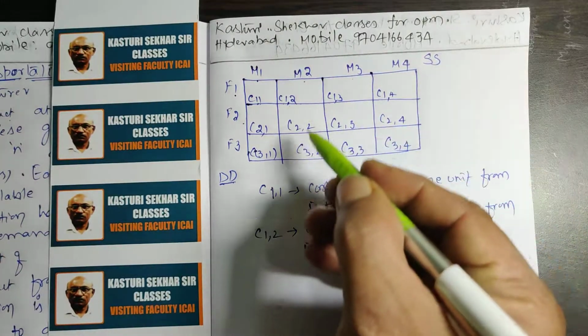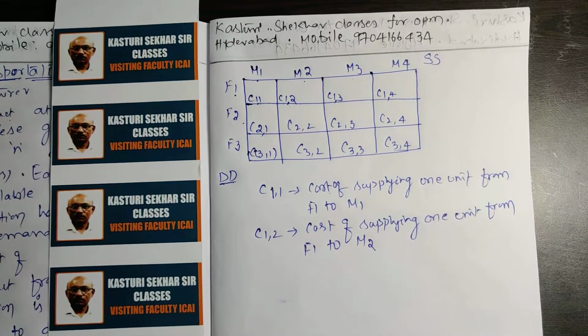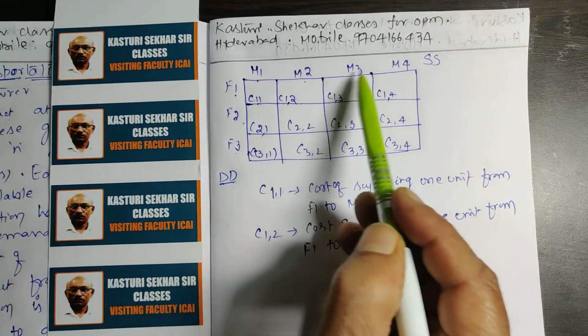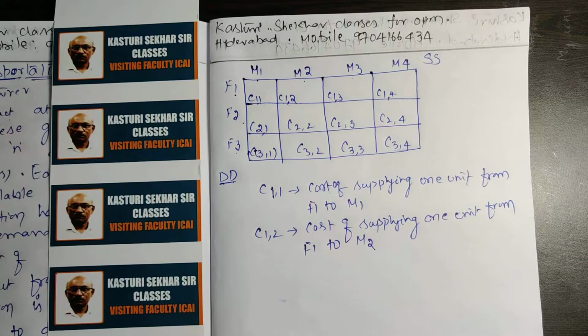So this way you can interpret the other things. Okay, now what is required for me? I have to prepare a schedule in which way I have to supply the goods from these factories to these markets to minimize the transportation cost.